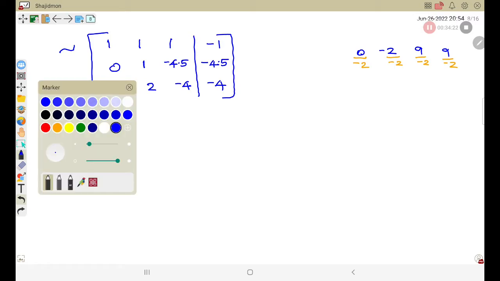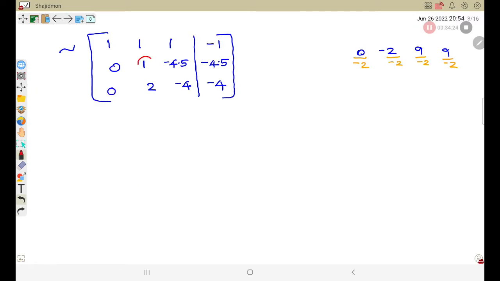Now the pivot number is 1. Keep in mind, the pivot is not necessarily 1, but for calculation purposes I am making it 1. Now this is the pivot number, and it is on the second row, R2. Before it was the first row, now it is the second row. I hope you understood this step.